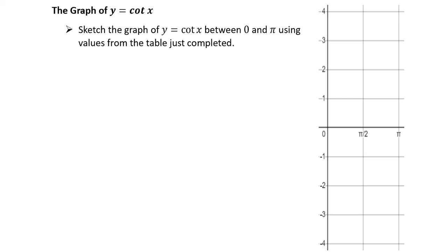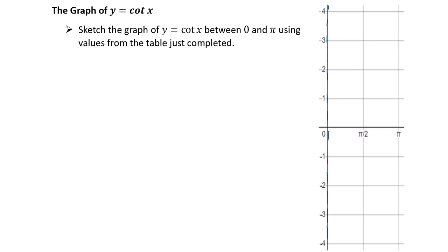Let's sketch the graph of y equals cotangent x between 0 and pi using values from the table that we just completed. And I'm looking at this, I have my vertical asymptote here at x equals 0.